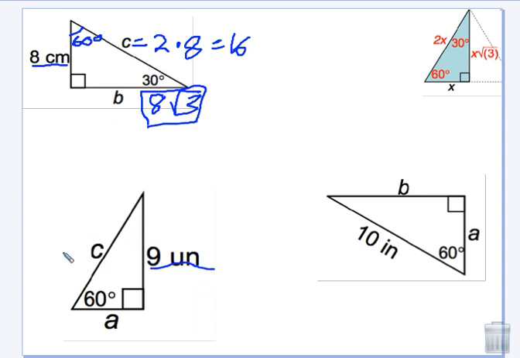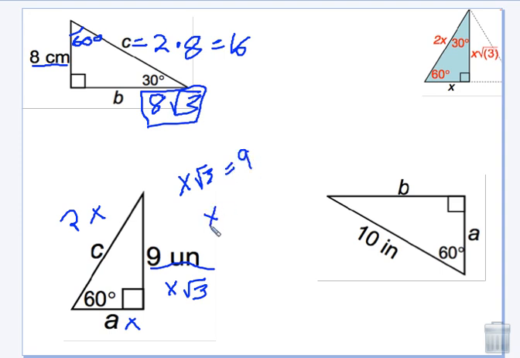Let's work backwards. So C is going to be 2 times x, and A is going to just be x, and B is going to be x times the square root of 3. So if you set those all equal to what they equal, then we have x times the square root of 3 equals 9.